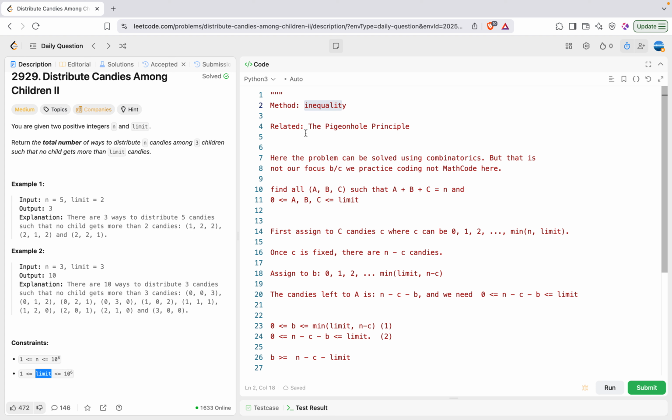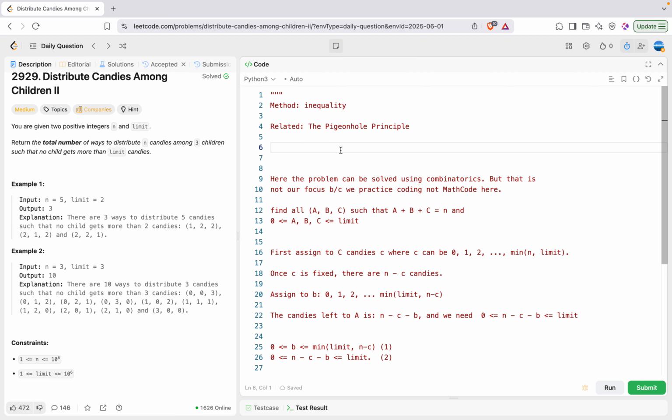One thing related to this problem is the pigeonhole principle. Basically it says that if you have more candies than boxes, and you put all the candies in the boxes, then at least one box contains more than one candy. Here, for example, you have n, you have limit, and 3 children.